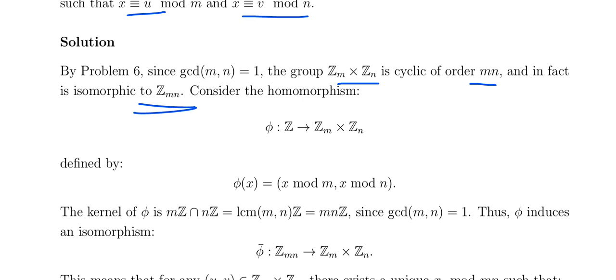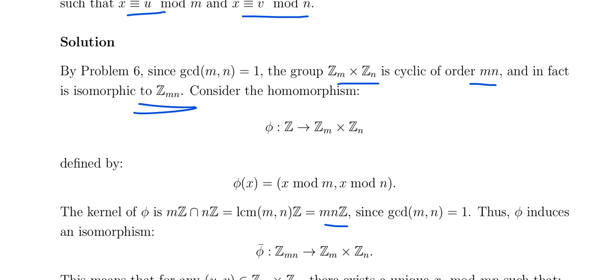Consider the homomorphism pi from Z to Zm cross Zn, defined by pi of x equal to (x mod m, x mod n). The kernel of pi is mZ intersection nZ, that is the LCM of m comma n times Z, that is mnZ, since m and n are relatively prime, the GCD of m comma n equals 1.